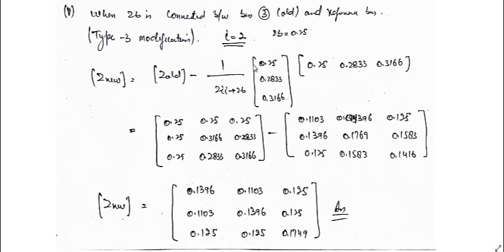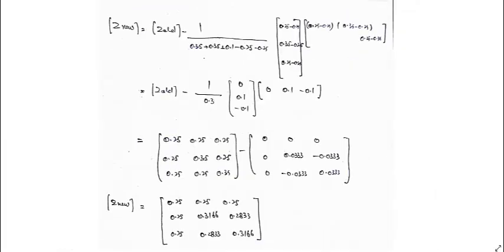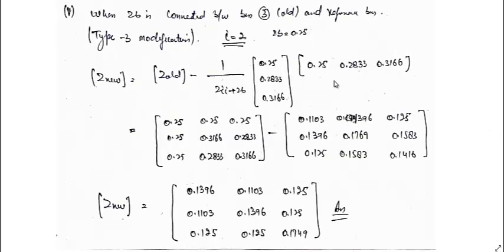So when we multiply it, this is the second row, second column. You can see it. Second row is this, and this is the second column. Second row 0.25, 0.3166, 0.2833.